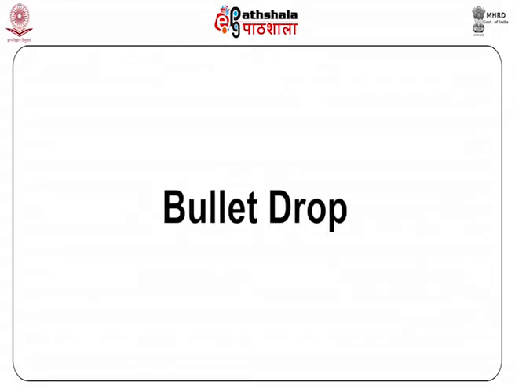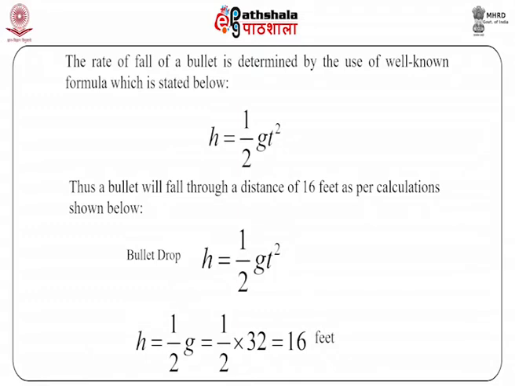Bullet drop. The rate of fall of a bullet is determined by the use of a well-known formula, which is stated below. h is equal to half gt square, where h is equal to drop of the bullet, g is equal to acceleration due to gravitational pull of the earth. Its value is 32.17 feet per second square.